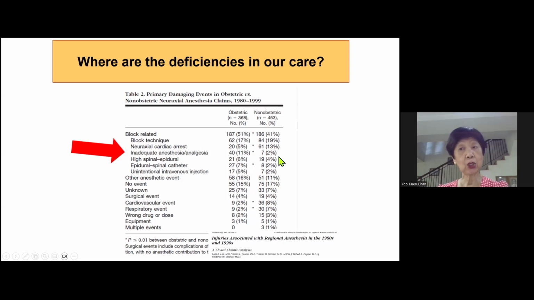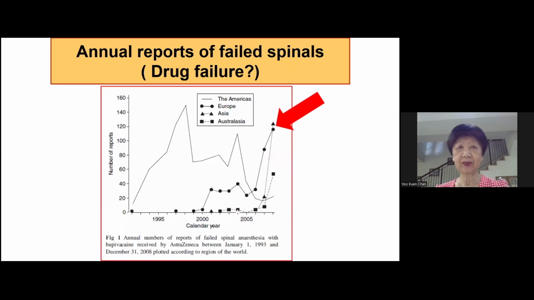So it is an issue we really have to put a lot of attention on, to bring these numbers down and make sure our patients get the best of care.